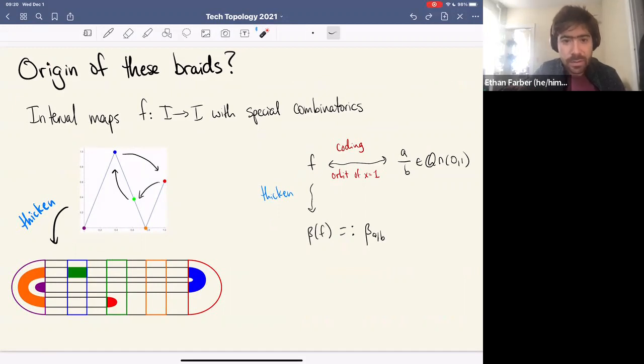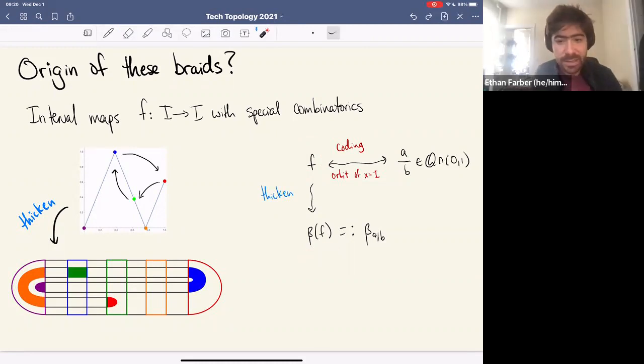And the special combinatorics ensure that when doing this procedure, the induced map on the disk is a positive and pseudo-Anosov braid.